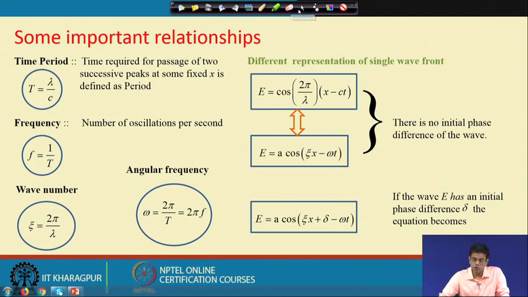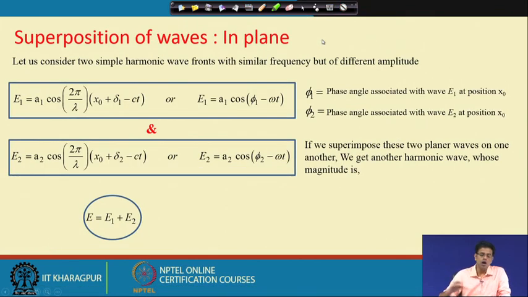Now, if I want to consider two such cases, where there is superposition of two plane waves in a plane, for instance the xy plane, then in this plane itself the waves are there.